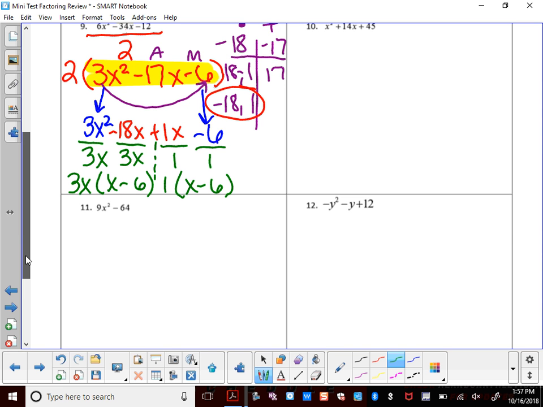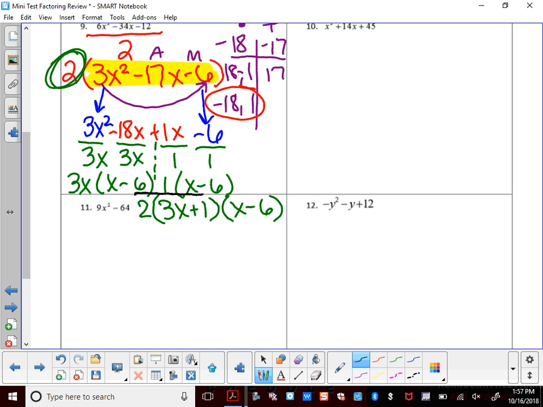I have matching parentheses, so I have 3x plus 1 as a factor, and x minus 6 is a factor. And don't forget about this guy up here in the original problem. He's also in my answer. He's my GCF. A lot of work for that one.